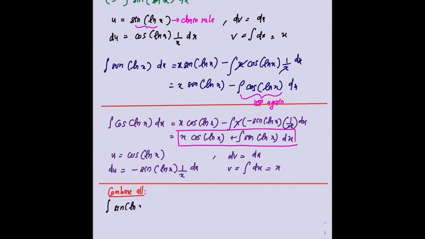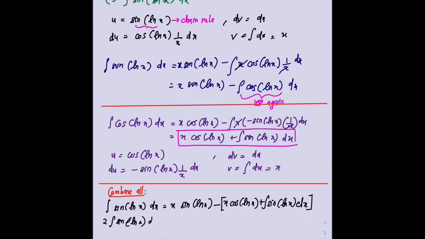The integral of sin ln x dx is actually equivalent to x sin ln x minus, we have x cos ln x plus integrate sin ln x dx. So 2 times the integral of sin ln x dx is equivalent to x sin ln x minus x cos ln x.